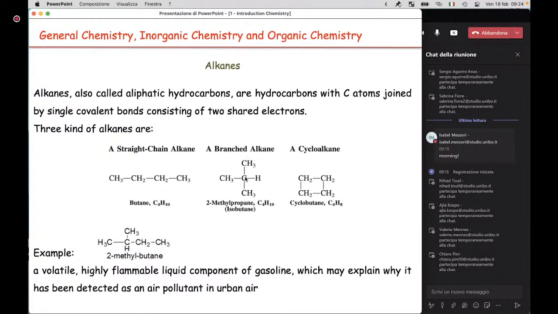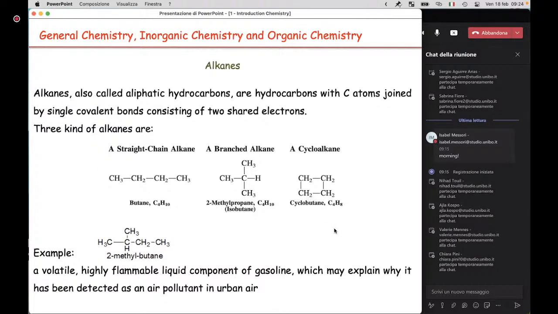Usually three, because if you have four carbons, you only can write one compound, unless, of course, you have a longer chain in one of the other spots. So three or four carbons connected to three or four other carbons. And cycloalkanes, when the bonds form, let's say, a closed polygon.